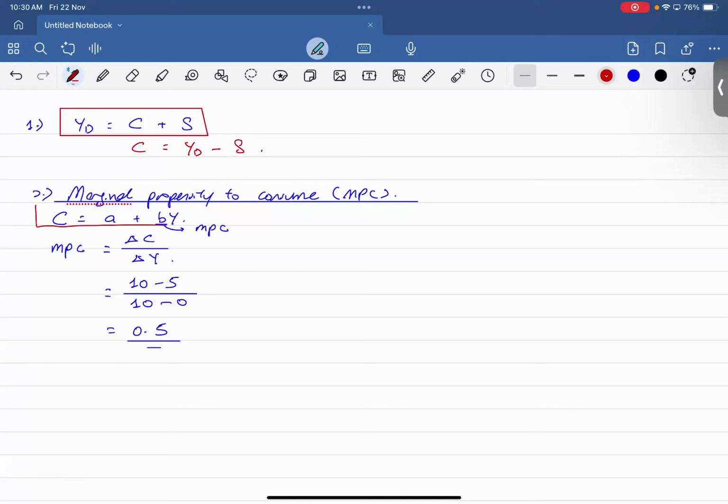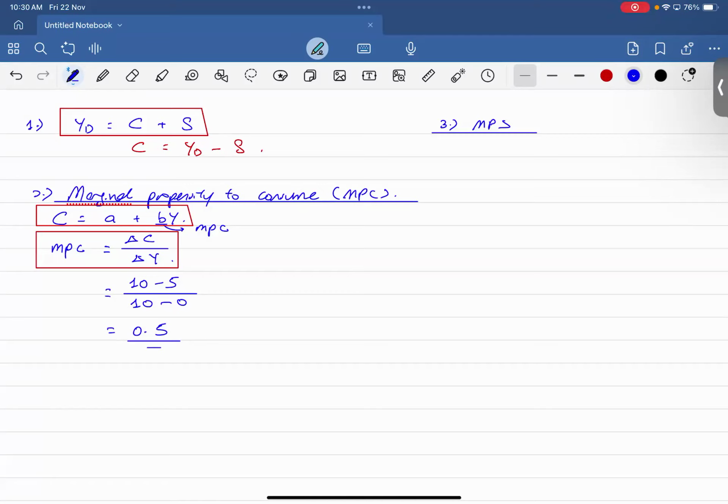That's the answer for MPC. Another formula you need to know. Next is to calculate MPS, the marginal propensity to save. So for every $1 that you earn, how much do you save?